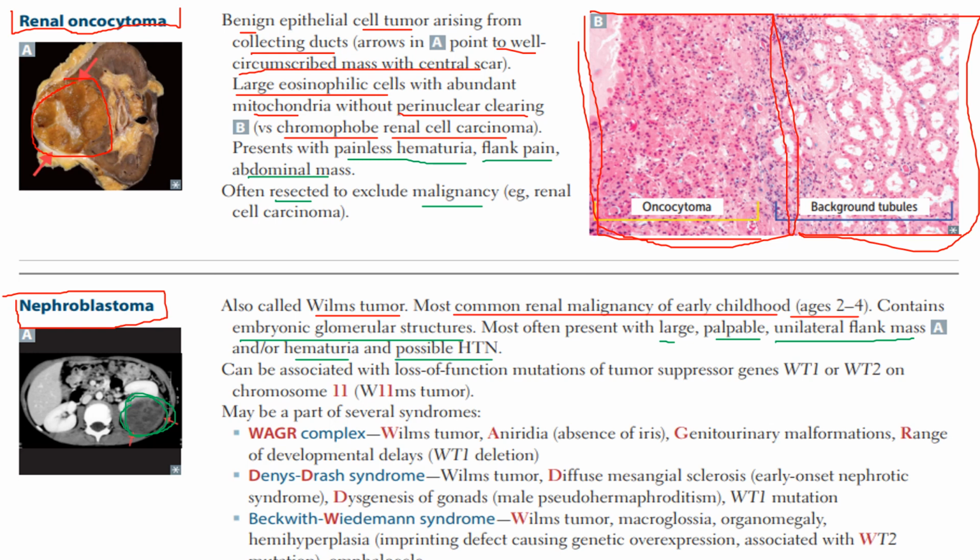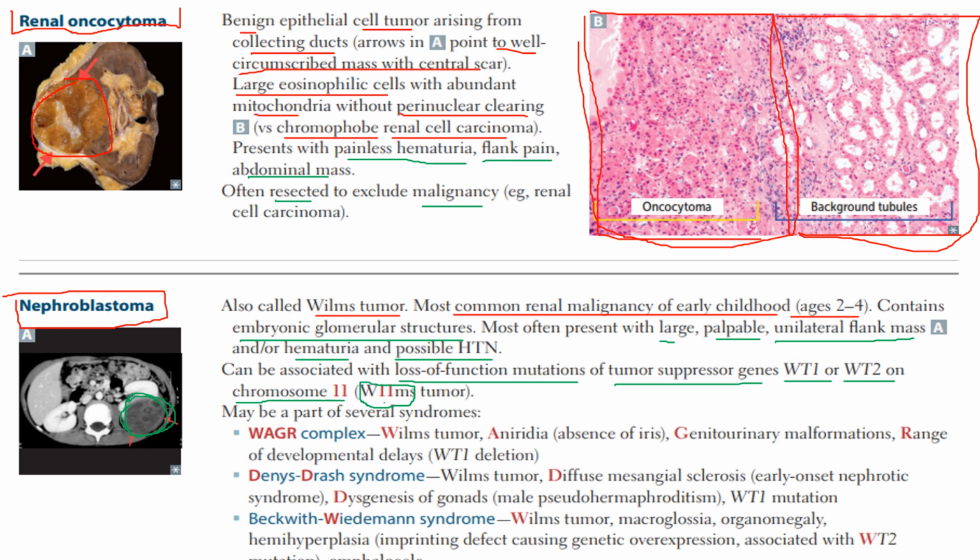It can be associated with a loss of function mutation of the tumor suppressor genes WT1 or WT2, which are present on chromosome number 11. You can remember it by Wilms itself, as you spell Wilms, W-I-L-M-S.